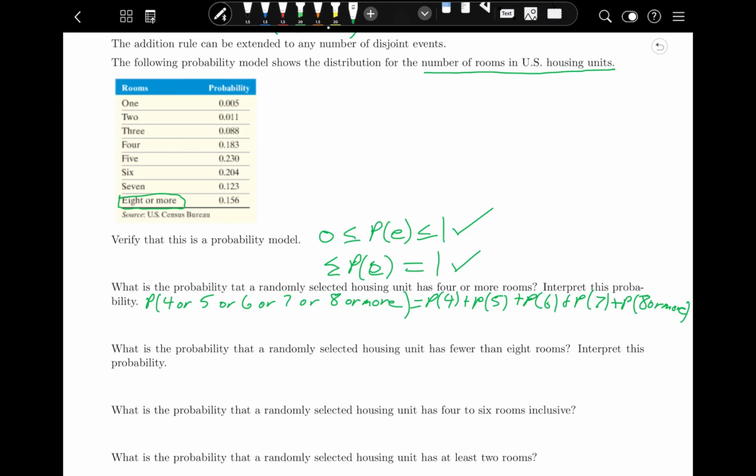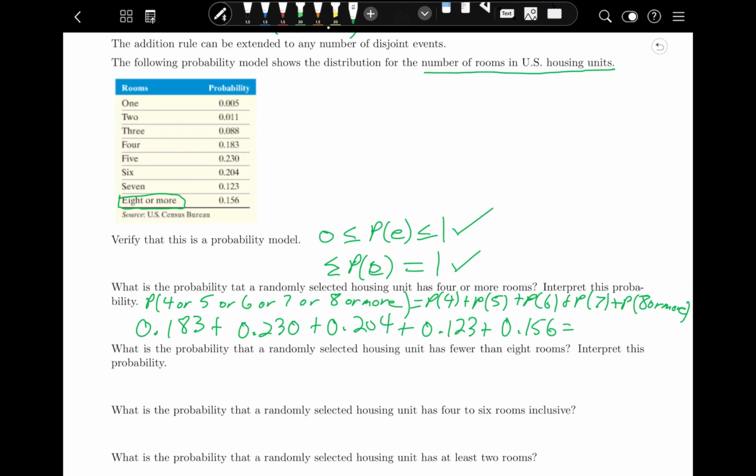I'm reading from the top of the list. I need to start with 4. So that would be 0.183 plus 0.230 plus 0.204 plus 0.123 plus 0.156.